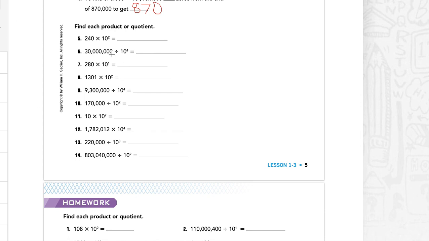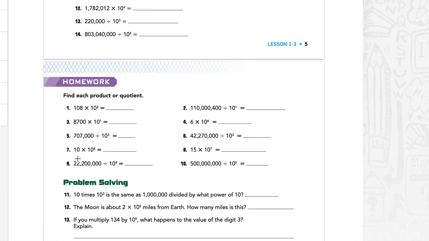You can write this number on your place value chart and then practice either moving forward to make it bigger or moving backward to make it smaller, however many hops you need to go, okay? So I'm going to pause my video now and fill in these answers, and I want you to unpause it as soon as you get these done so that you can check it against what I have here, maybe figure out any mistakes you might have made before you move on to the homework, okay?